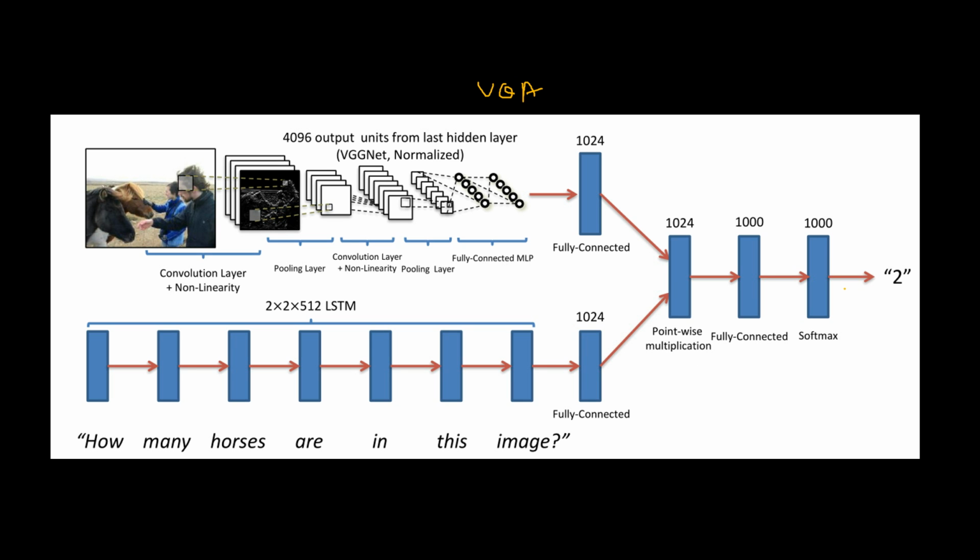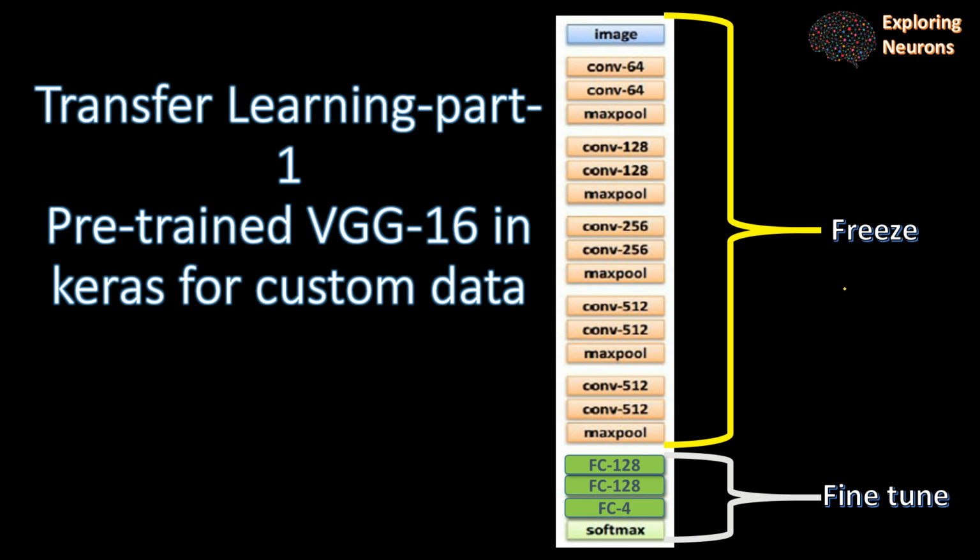In Keras, for transfer learning there is the option of freezing different layers, and I have done a video on transfer learning with VGG and ResNet, where you can train only the last few layers. You can freeze up to any layer and train any layers. All these options are there in Keras, so you can try all these functionalities.